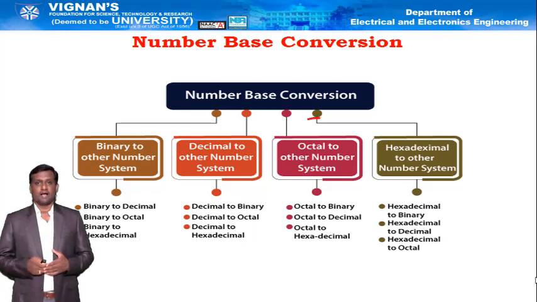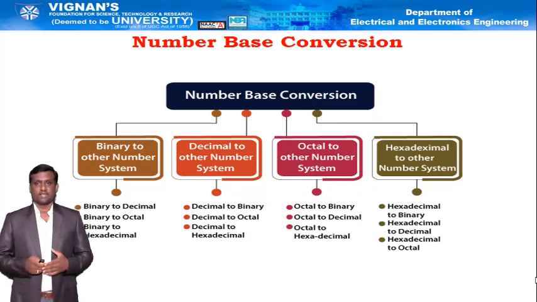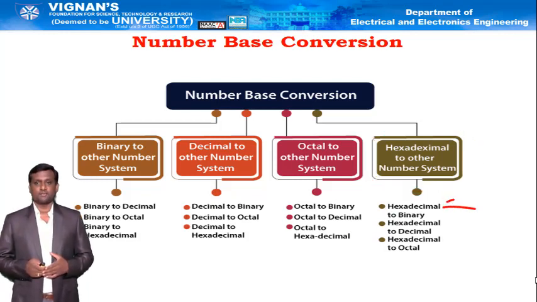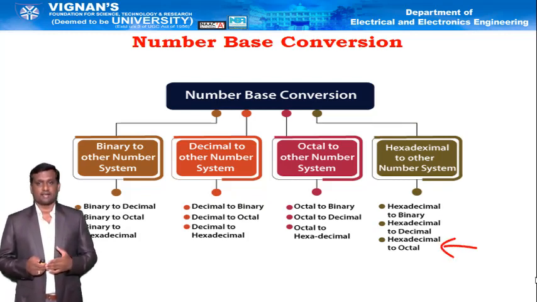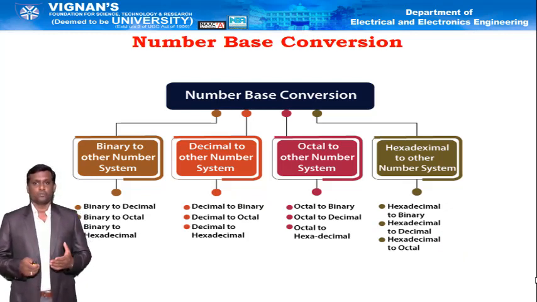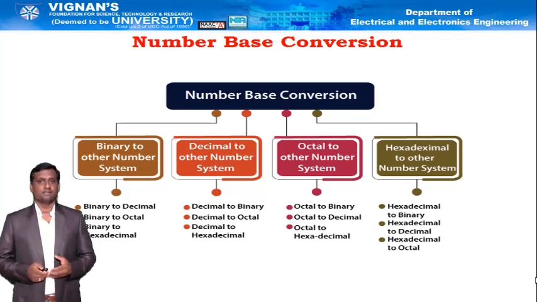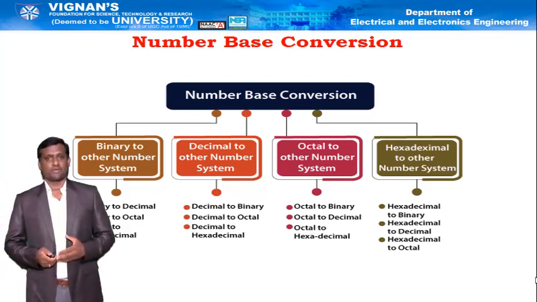Next is octal to other number systems, that is octal to binary, octal to decimal, octal to hexadecimal. And next is hexadecimal to other number systems, that is hexadecimal to binary, hexadecimal to decimal, and hexadecimal to octal. Like that, a known base system can be converted into other systems, and that is called number base conversion. So now we will see the conversions one by one.